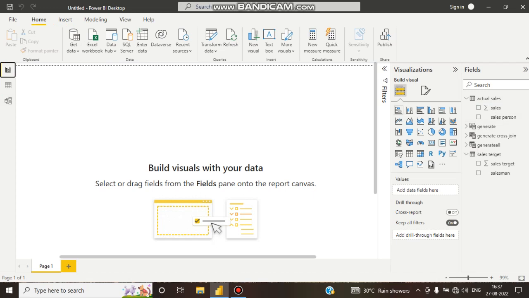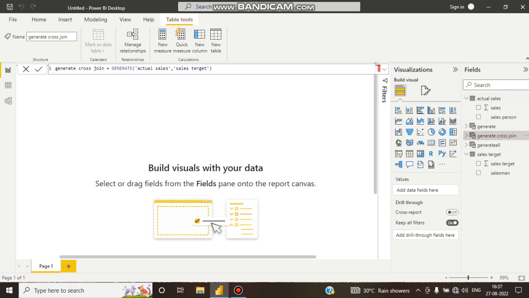First of all, let's see the GENERATE function. We have to know that GENERATE actually does a cross join between two tables. So you must know what a cross join is: every row of one table is joined with every row of another table.